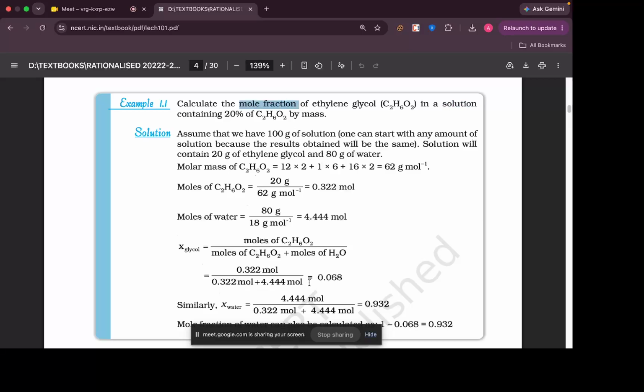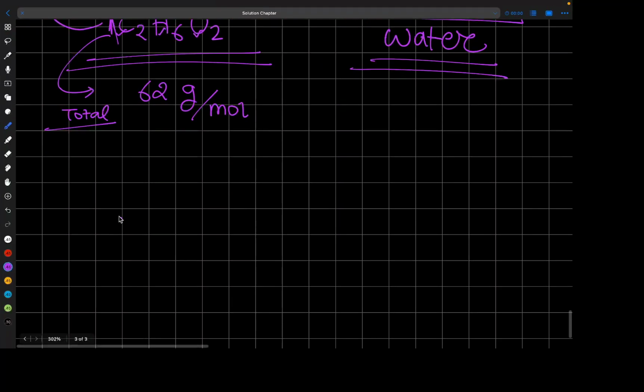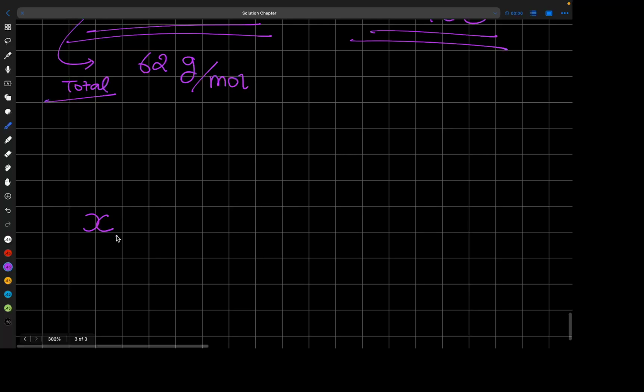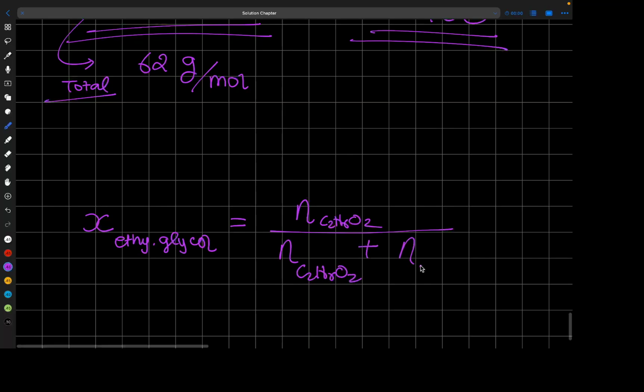For the mole fraction of ethylene glycol, I will write: moles of C2H6O2 divided by moles of C2H6O2 plus moles of water. These are the things I need to find, and I will just put them in and get the answer.